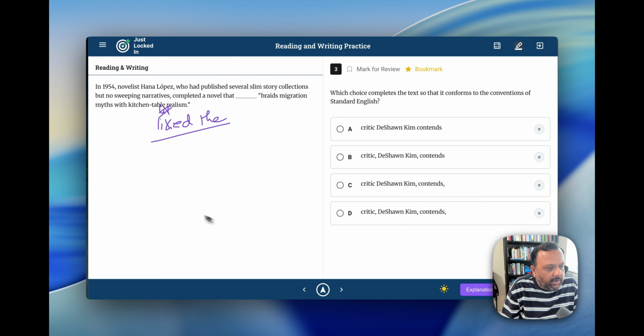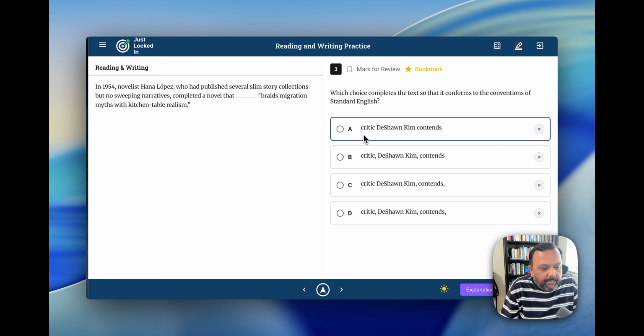Okay, next one. In 1954, novelist Hannah Lopez, who had published several slim story collections but no sweeping narratives, completed a novel that critic Deshaun Kim contends braids migration myths with kitchen table realism. So, a novel that critic Deshaun Kim contends. This is a critic and his name.